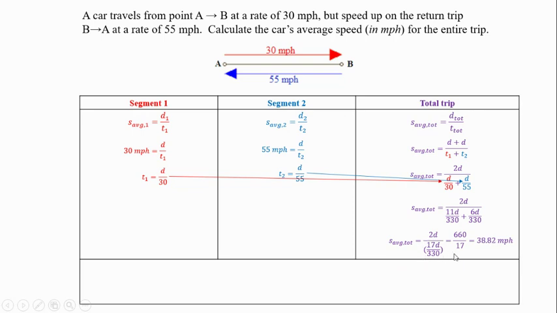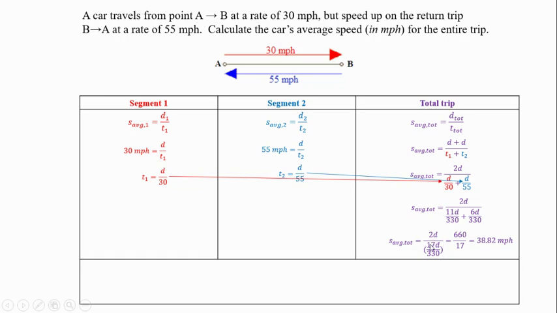However, at this particular junction, you notice that we have 2D divided by 17D over 330. There's a D in the numerator and there's a D in the denominator. That will cancel out. But in math, anytime you divide by a fraction, you have to multiply by the reciprocal. So the 17 over 330 gets flipped.